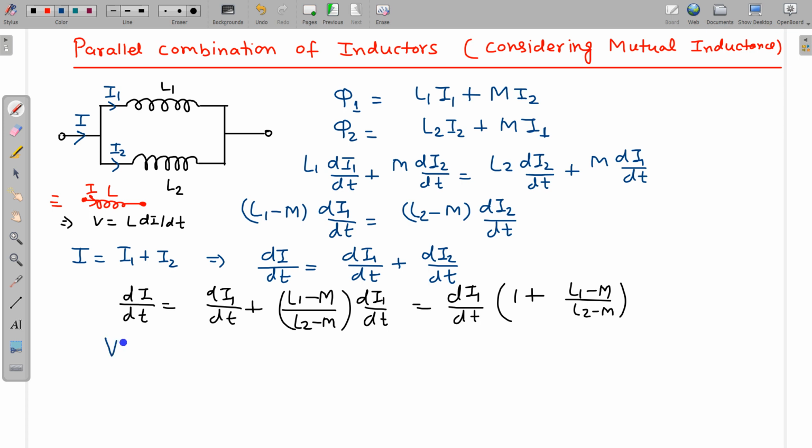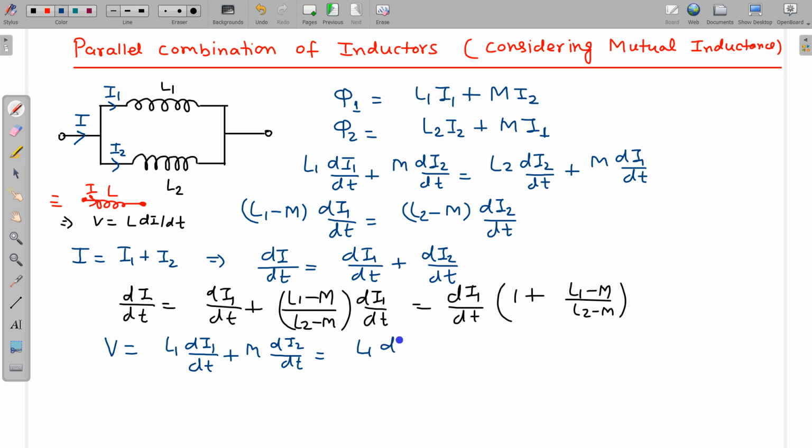Now V, I can write from the differentiation of the flux. I can pick any one of them, so I can write L1 di1 by dt plus M di2 by dt, and I can express it in one variable only. I have done the other in terms of I1, so let us do this in terms of I1 also.